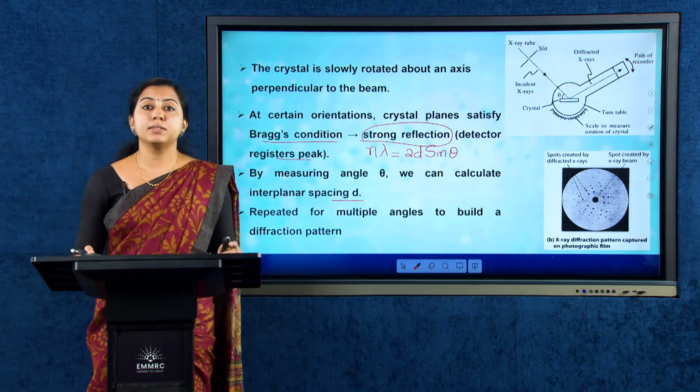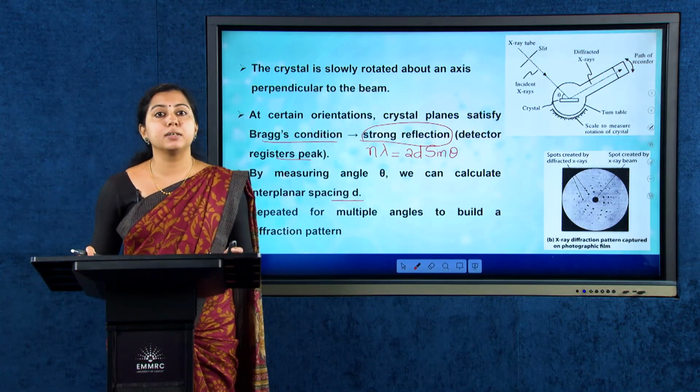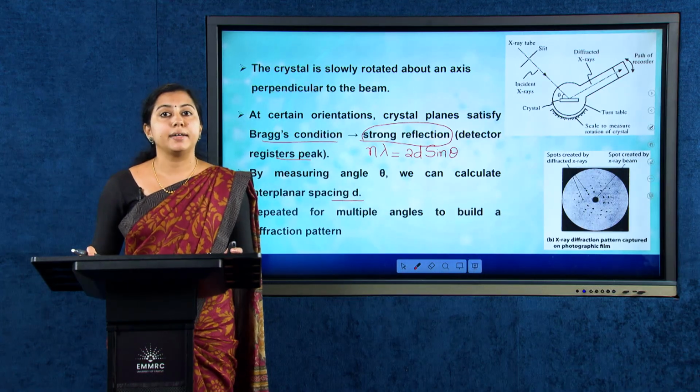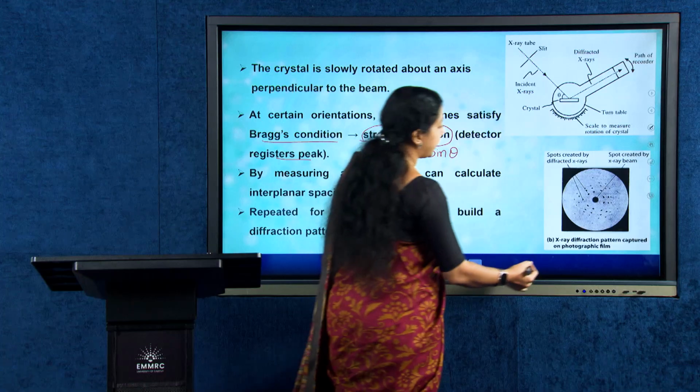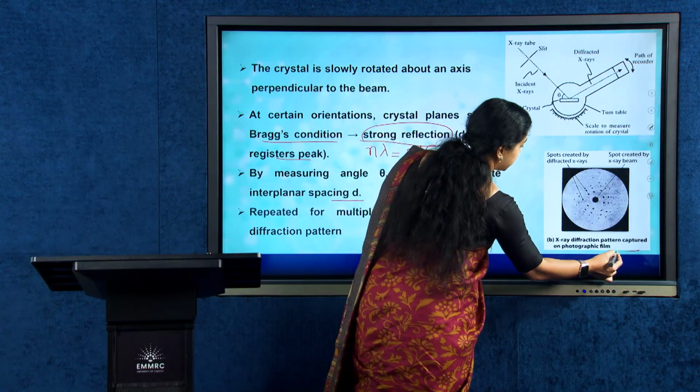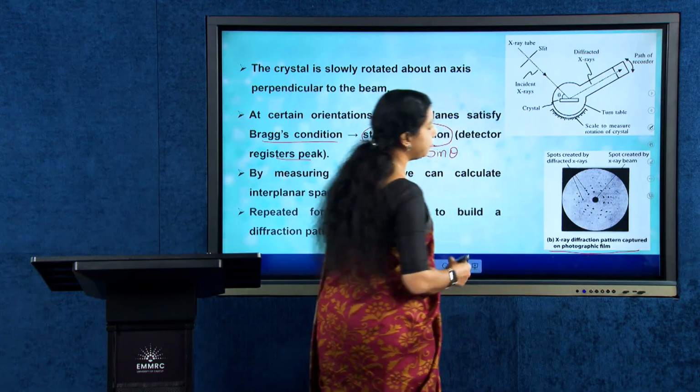Now, the experiment is repeated for multiple angles to generate a diffraction pattern. On the screen you can see an X-ray diffraction pattern captured on a photographic film.